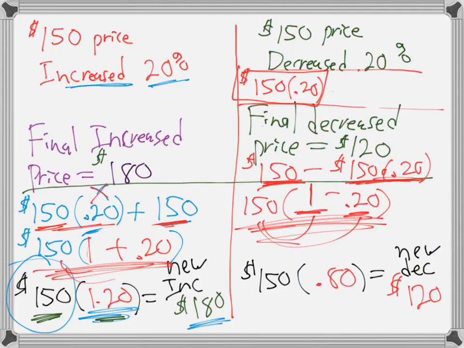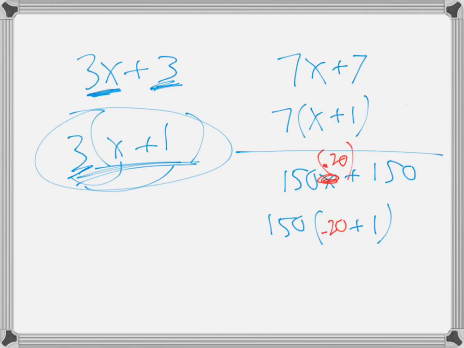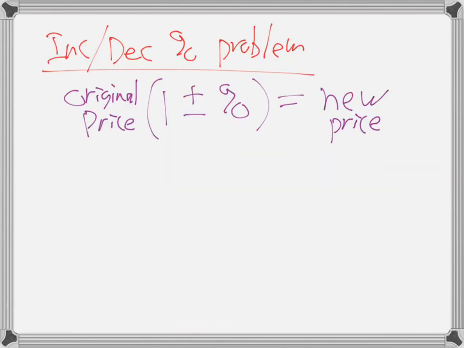Isn't that the 150? 150, that was the original price, times 1 plus or minus the percentage equals the new price. Isn't that what we see here? So I'm coming up with that. The original price times 1 plus or minus the percentage, and that comes out to equal the new. So there's our formula. So that's the one we're going to use.